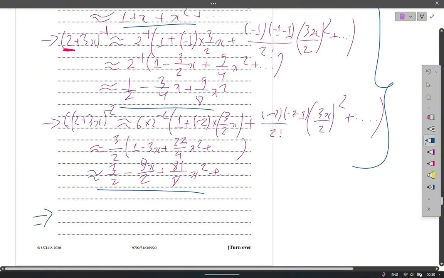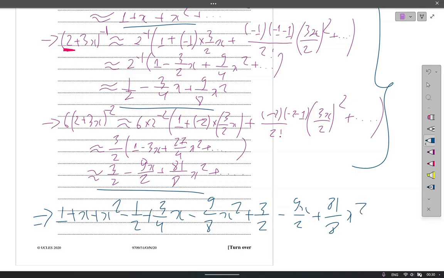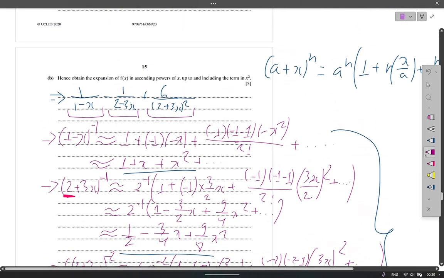So our answer is going to be 1 plus x plus x squared and so on. So you may ask what happened to this minus.